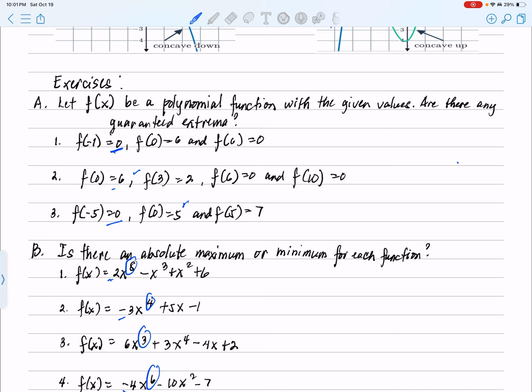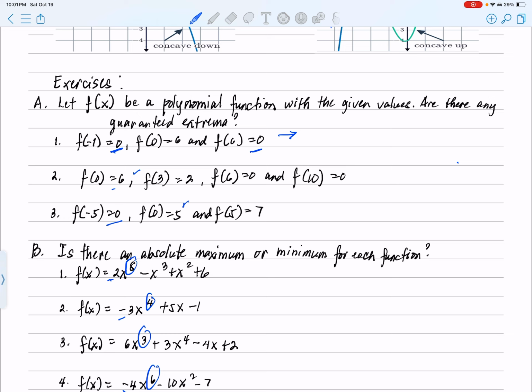So as I've said, you have to look at two zeros. If the function values given have two zeros, then there is an extrema, whether it's a minimum or a maximum.